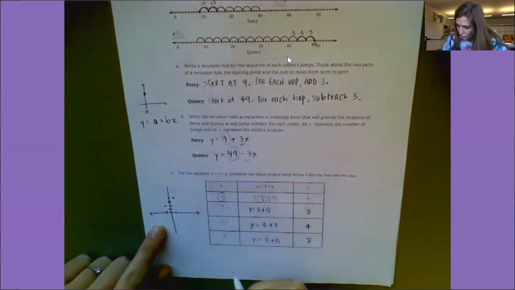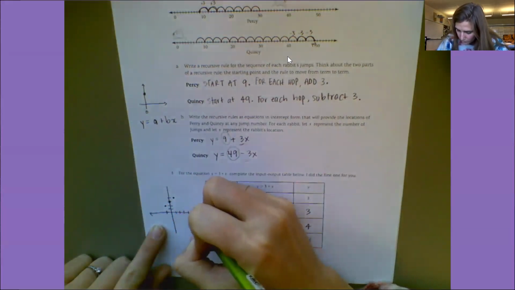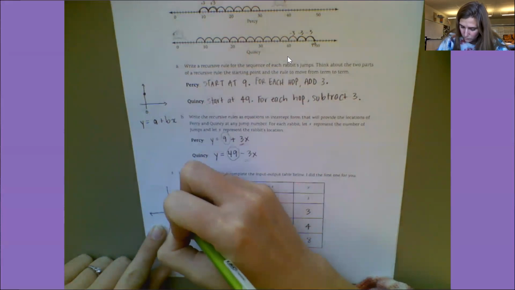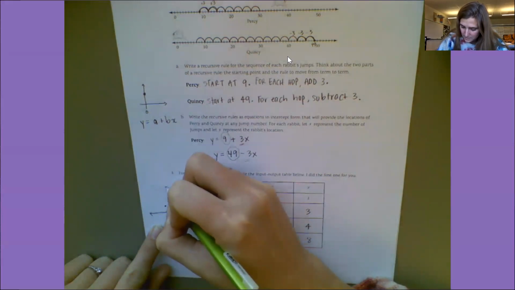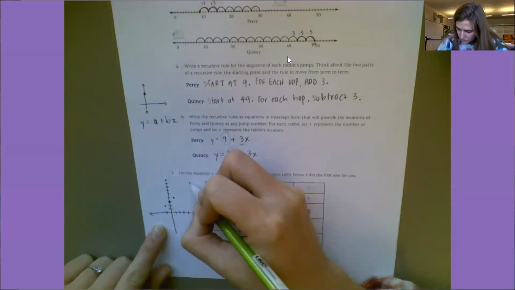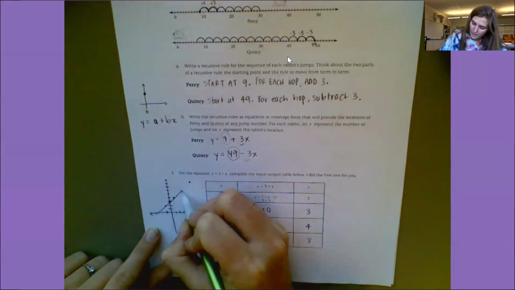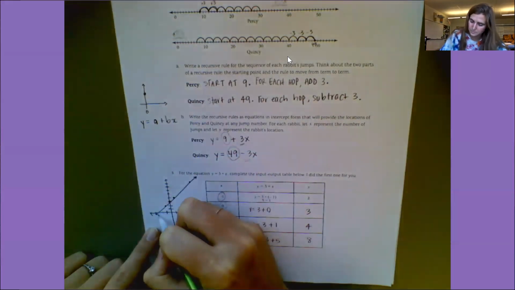And then I go to 5, 8. So 1, 2, 3, 4, 5, and then 1, 2, 3, 4, 5, 6, 7, 8. And then all I need to do then is connect the dots.